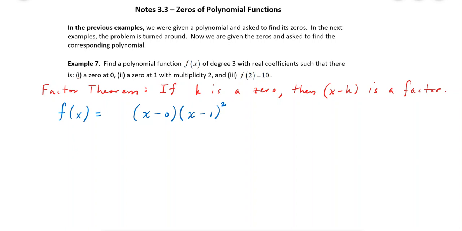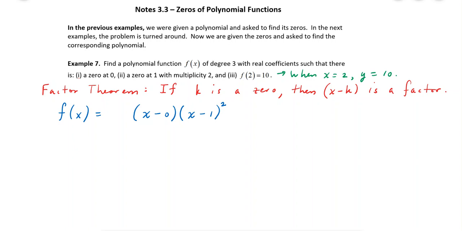There's just one more trick, and that's to make this function pass through the point at (2, 10). Let's make a note of that. When x equals 2, y equals 10.